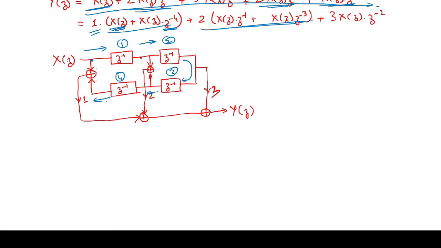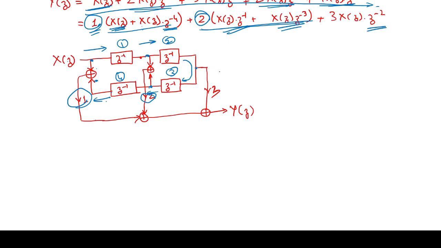We add them up over here. After addition, we have a multiplier of 1, so we multiply it with 1. Similarly, after z inverse and after z to the minus 3, after z inverse is this point, and z to the minus 3 is this point. We added up the values, then multiplied with 2, and this was after z to the minus 2.